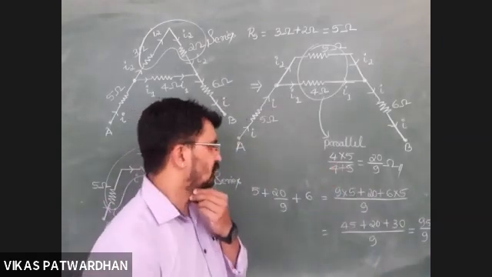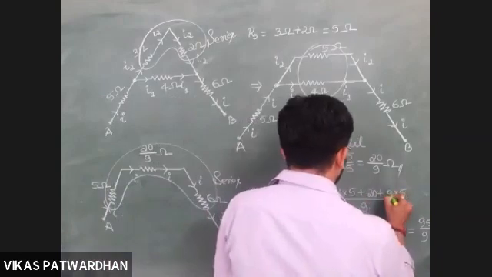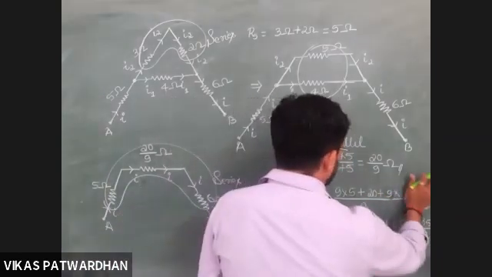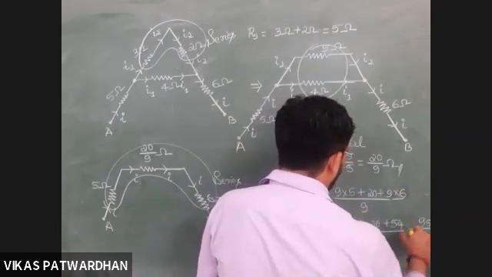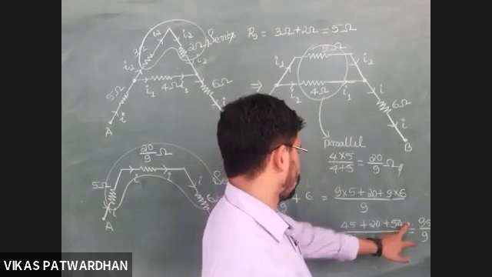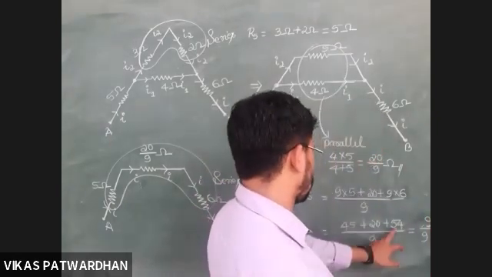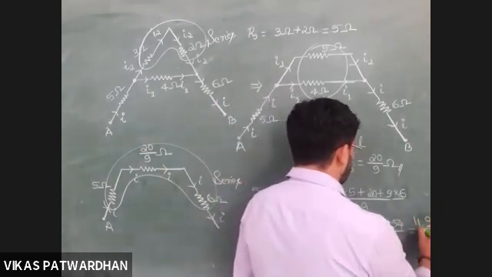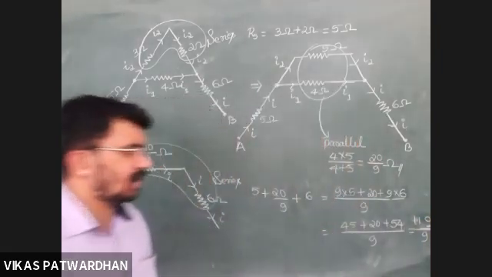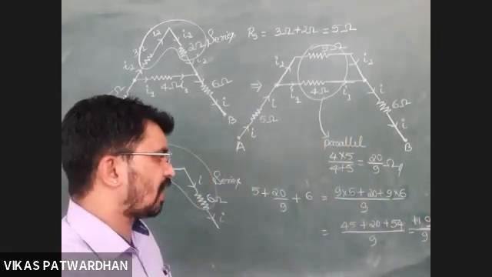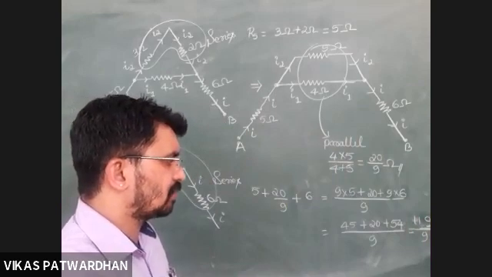Is that correct? Sorry, it should be 9 into 6. 6 nines are 54. So it is 5 plus 4 9 is 10, 11. 119 by 9. 9 elevens are 99. 9 twelves are 108. Dividing, 12 point something comes.